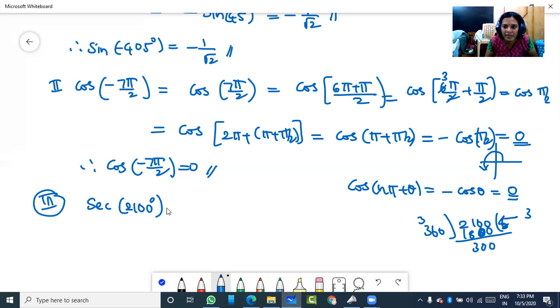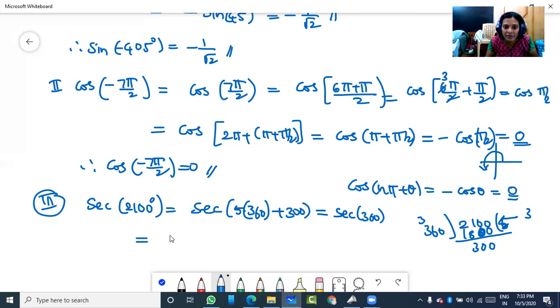So it can be taken as secant of 5 into 360 plus 300. 5 rotations are completed. So it is secant 300.